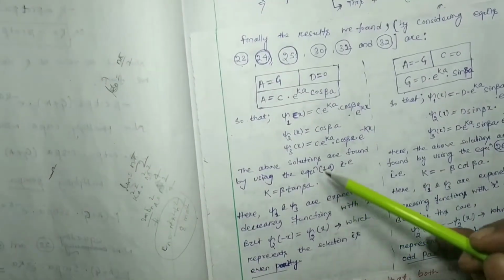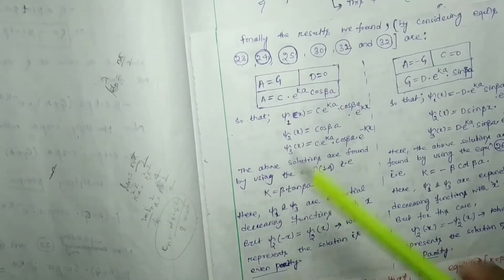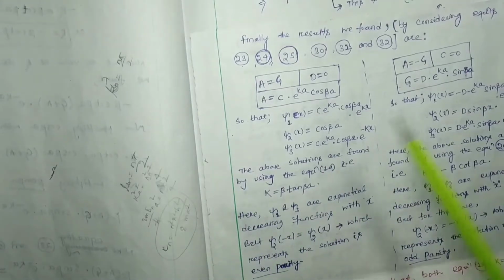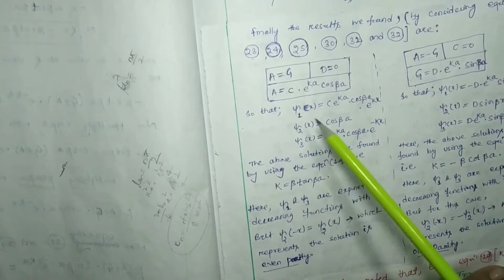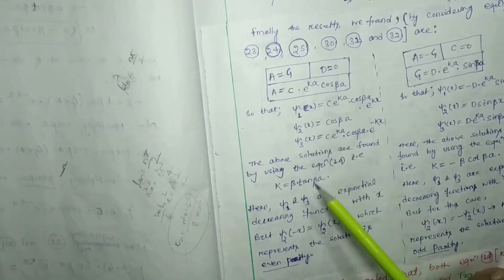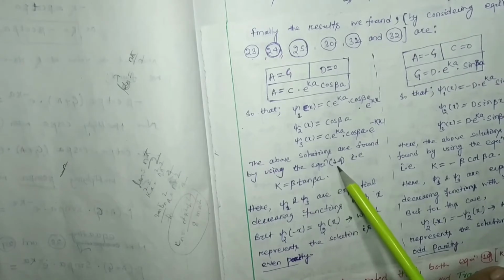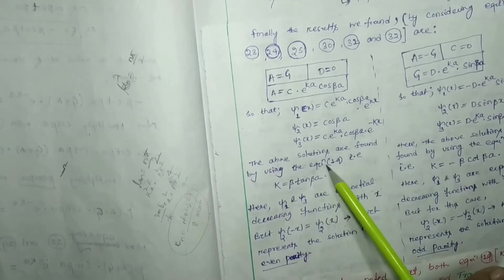Many new things you can find, so you have to watch carefully. The above solutions are found by using equation number 19, that is k equal to beta tan beta a.